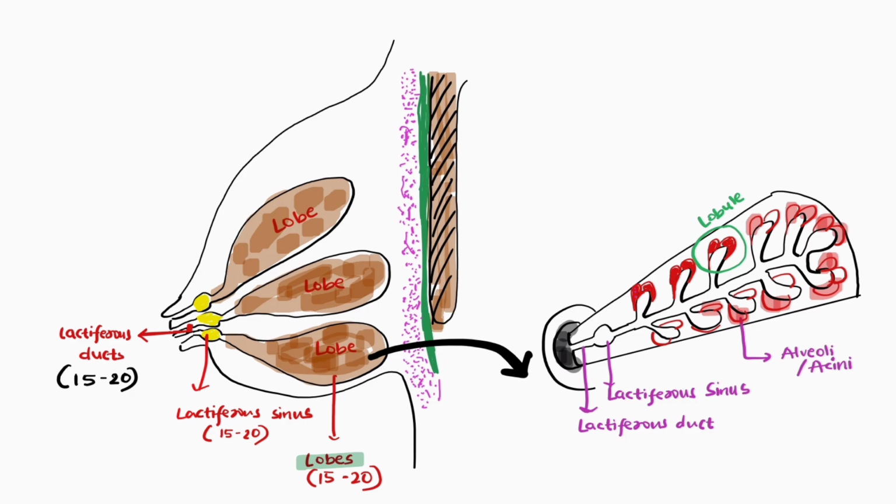And I have to mention one point: if we have 15 to 20 lobes, then there are 15 to 20 lactiferous sinuses. That is, each lobe has its own individual lactiferous sinus and its own individual lactiferous duct. So 15 to 20 lobes have 15 to 20 lactiferous sinuses and ducts too.